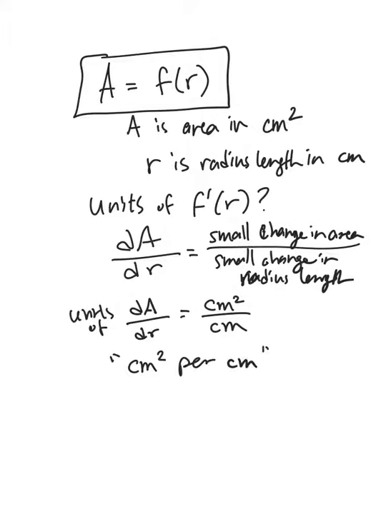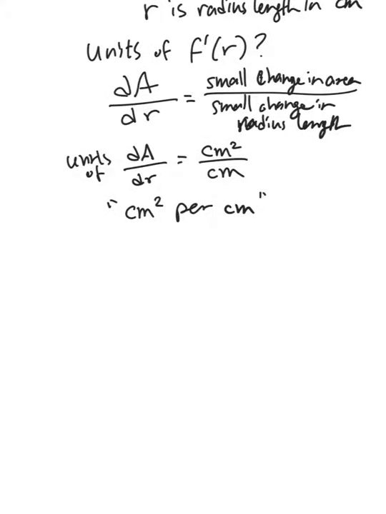I'm going to urge you to resist the urge to cancel a centimeters here and just say centimeters, and here's why. If we wanted to give an interpretation to a statement that said something like f prime of 3 equals 9.42, what would that mean?